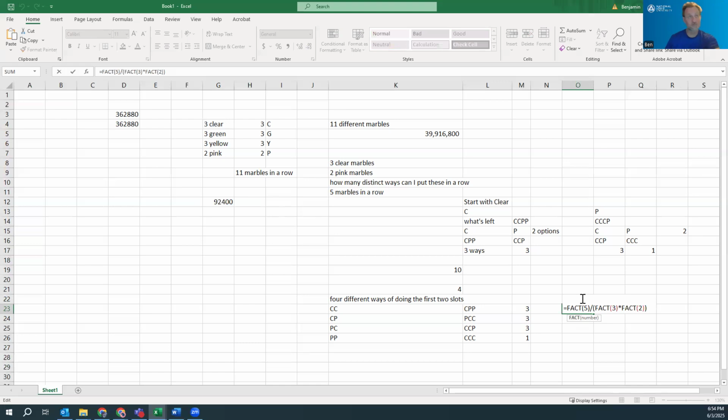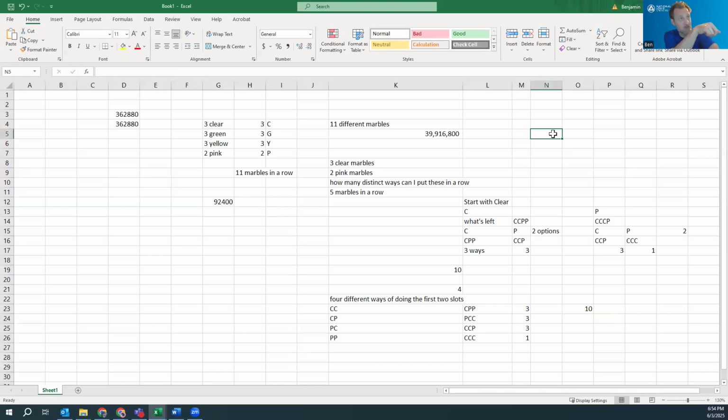Although now, post haste, I can come up with an explanation, which is if I have 5 distinct objects like the colors and the order matters, then I do factorial 5. And the reason I'm dividing by factorial 3, factorial 2 is because the way the 3 clear marbles can be arranged within those 3 spots that they occupy is irrelevant, and so needs to be divided out. And the way the 2 pink marbles can be arranged can be divided out.